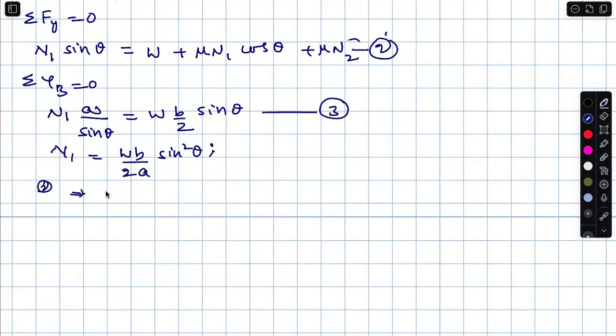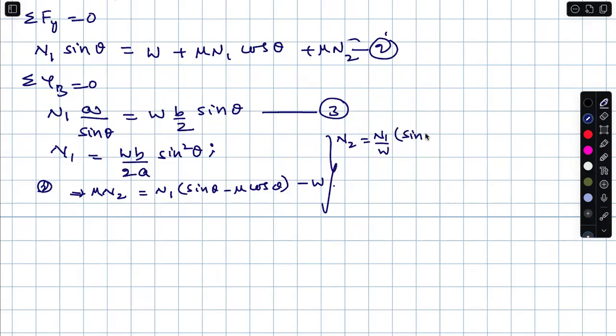Equation 2 implies mu N2 is N1 sin theta minus mu N1 cos theta minus W. So from this, N2 is N1 by W sin theta minus mu cos theta minus 1.